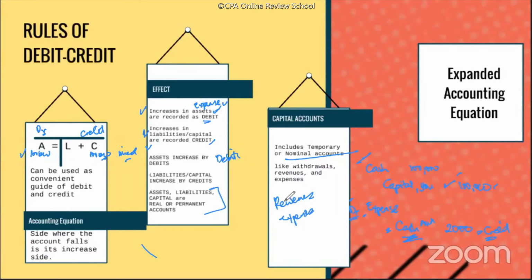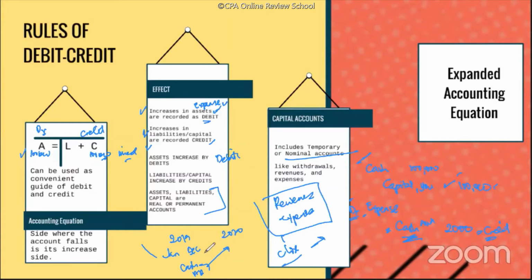Okay, kapag nominal account, ibig sabihin naklo-close siya every year. So hindi siya naki-carry forward for the next business cycle. Okay, so ibig sabihin business cycle, for example, last year 2019 January until December. Okay, kung magkano yung balance ng cash ng accounts receivable, mafo-forward yan sa 2020.